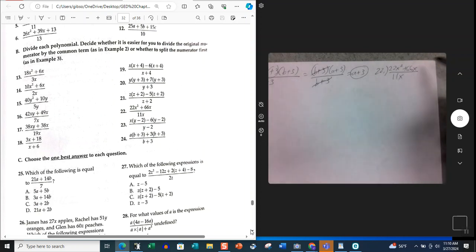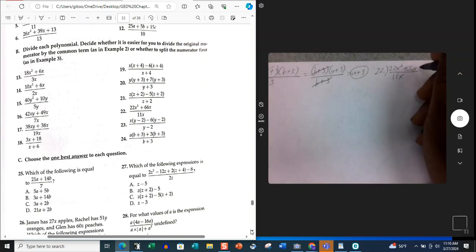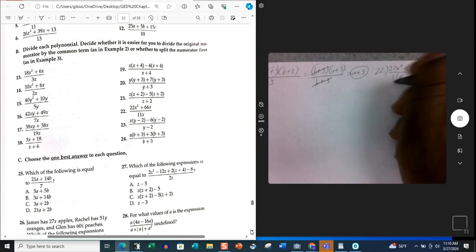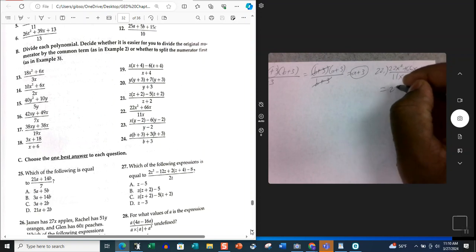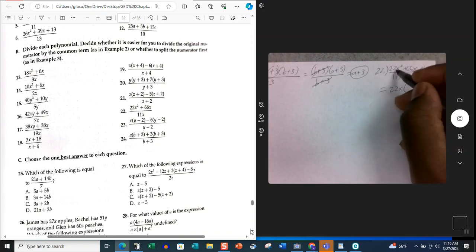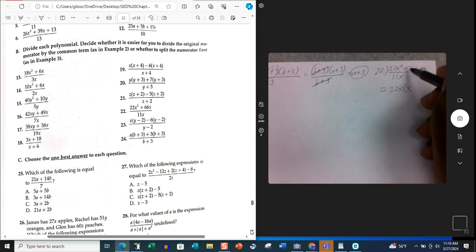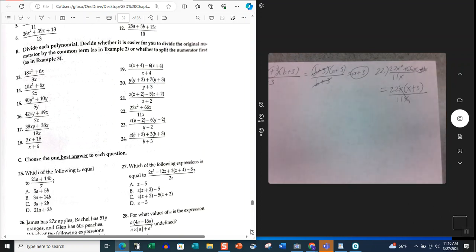The greatest common factor of 22x squared and 66x is actually 11x. Well, actually, hold on. Let me put it here. It's actually 22x. And then 22x squared divided by 22x is x. 66x divided by 22x is 3. All over 11x. These x's will simplify out.